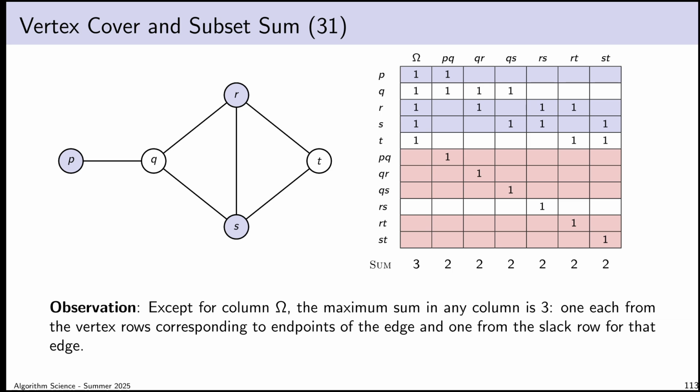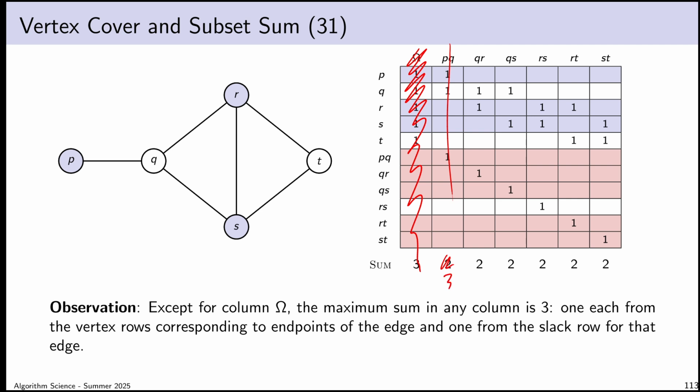So here's one thing I can observe. For the sake of this observation, let's ignore column omega. Notice that the maximum sum in any column under any circumstances, even if I choose way too many rows, is exactly 3. There is no way I could ever add any collection of rows together such that the sum of any particular column is greater than 3.